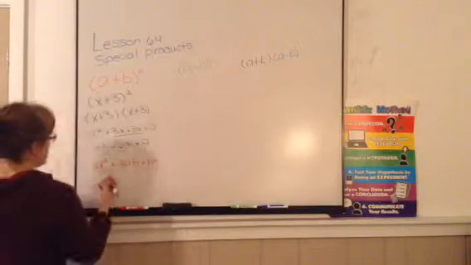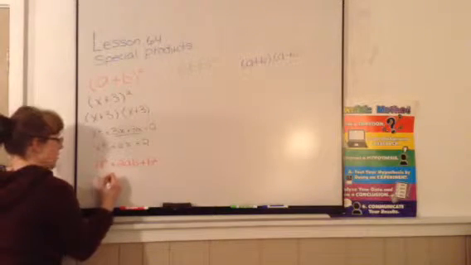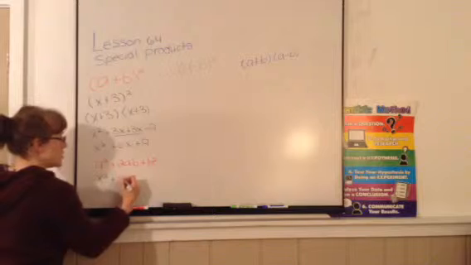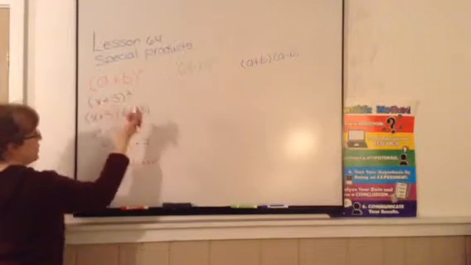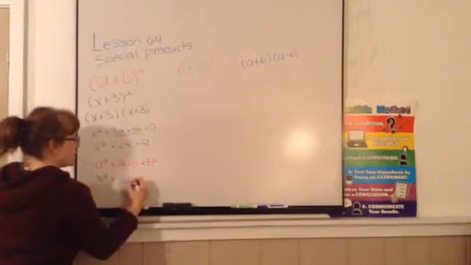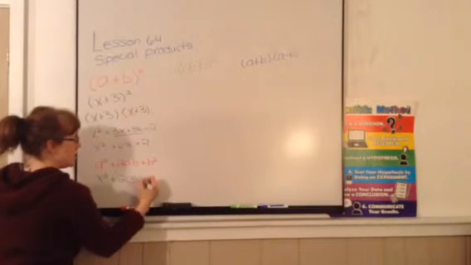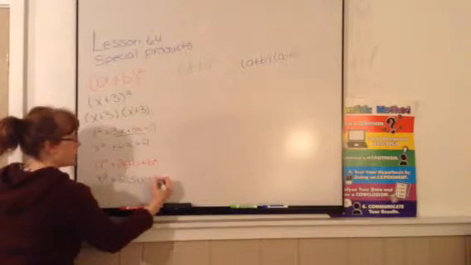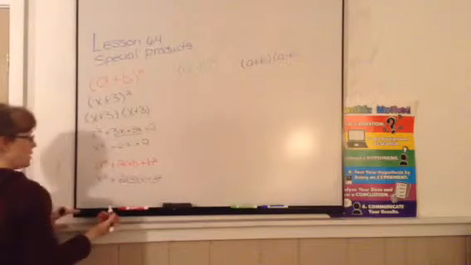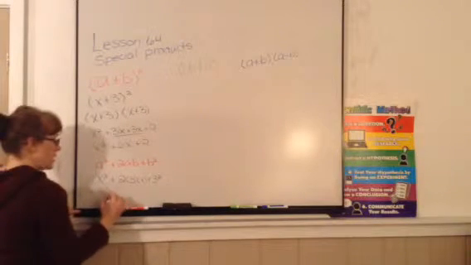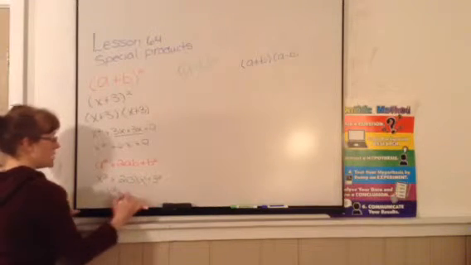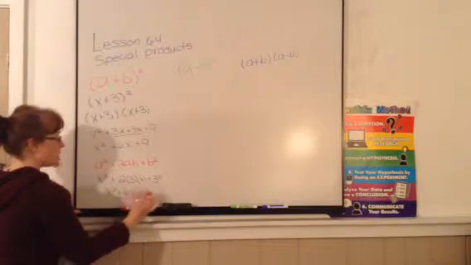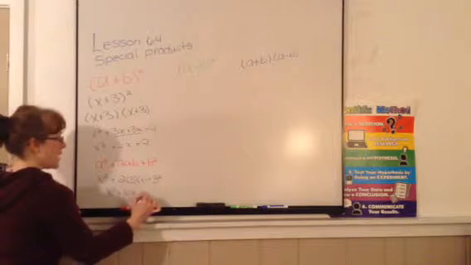So a squared would be the same as x squared plus 2 times a and b, so a and b are 3 and x, and then plus 3 squared. So that gives me x squared plus 2 times 3 is 6, times x is 6x plus 9.